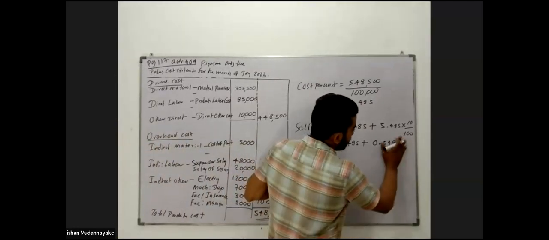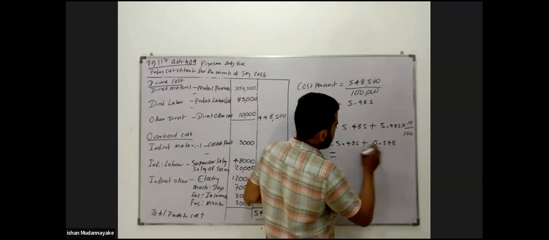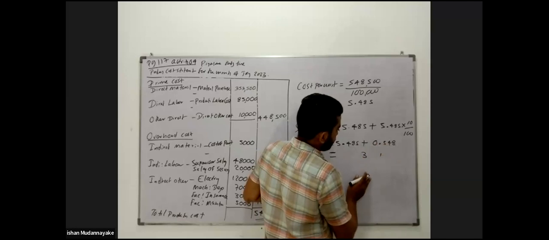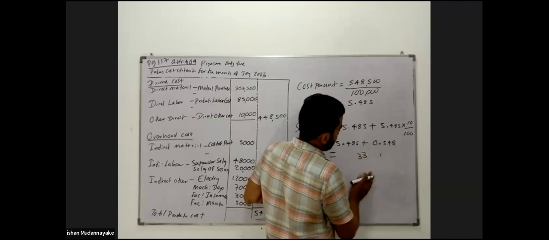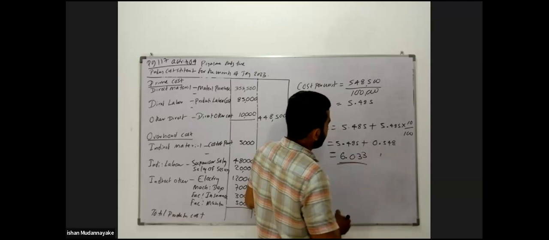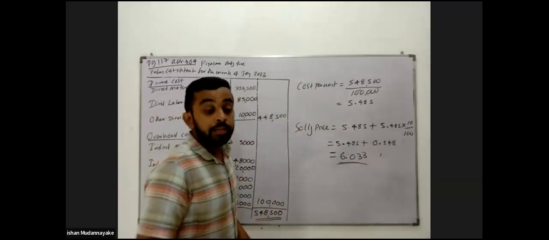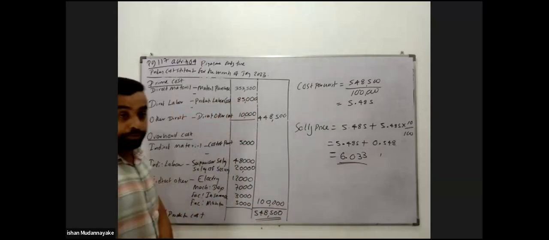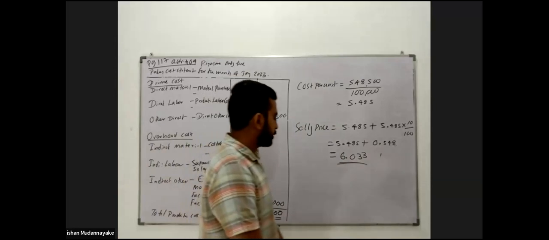We'll take 3 decimals. The selling price per unit is 6.033.